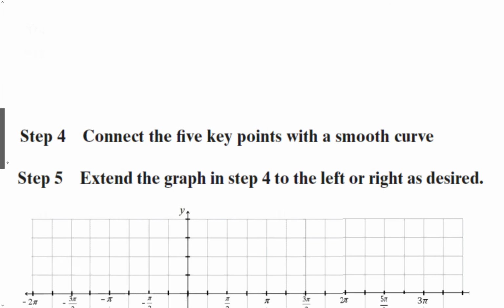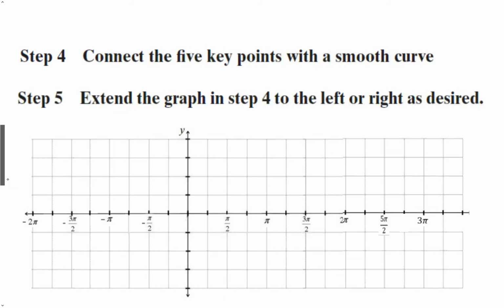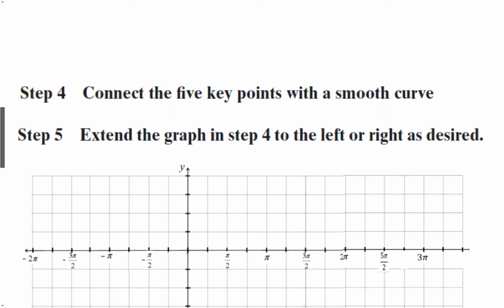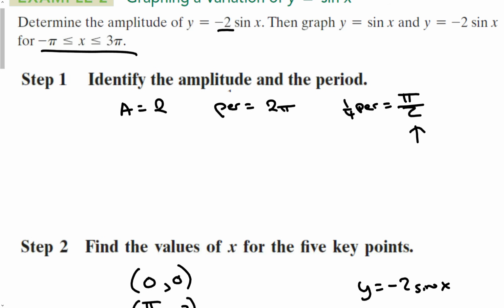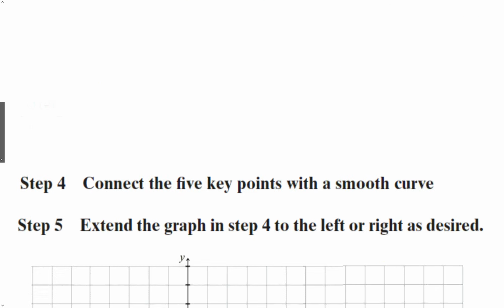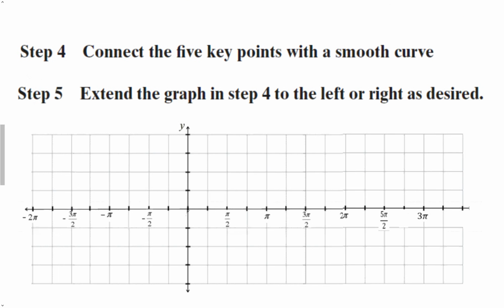Okay, now I'm going to connect them, and this question actually said to graph it between -pi and 3 pi. So I'm going to have to keep this stretched from the original function. So we have 0, 0. Let's just call this 1, 2, 3.